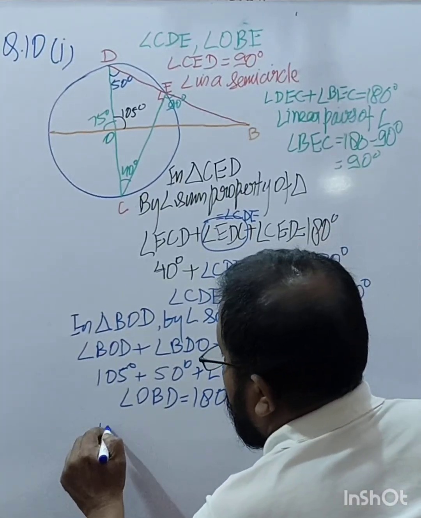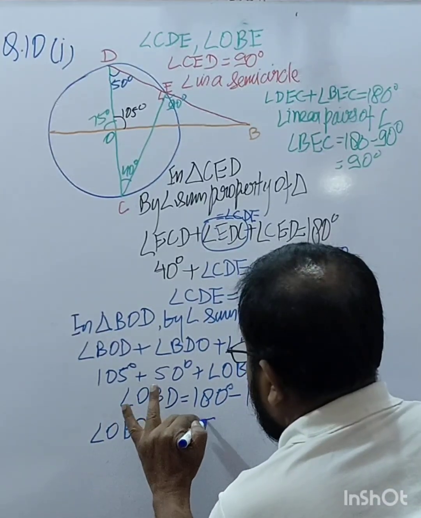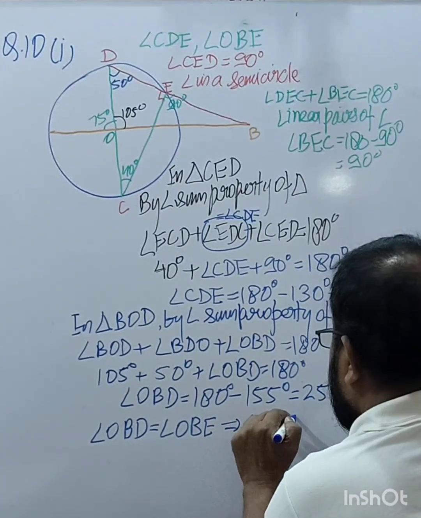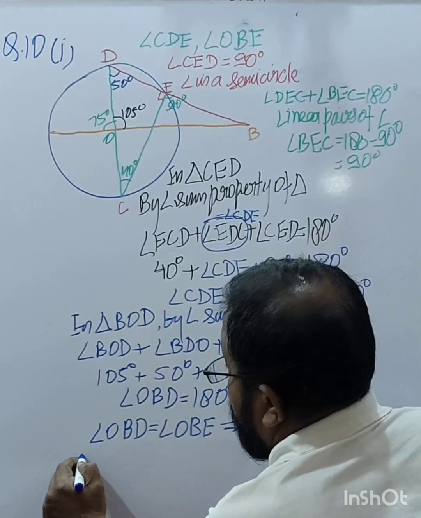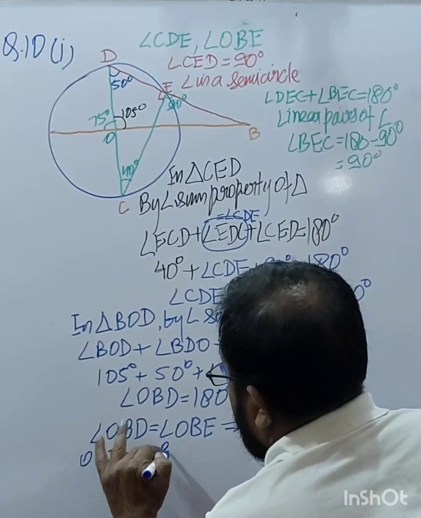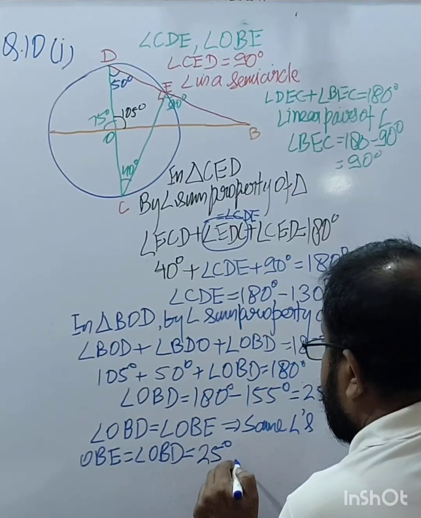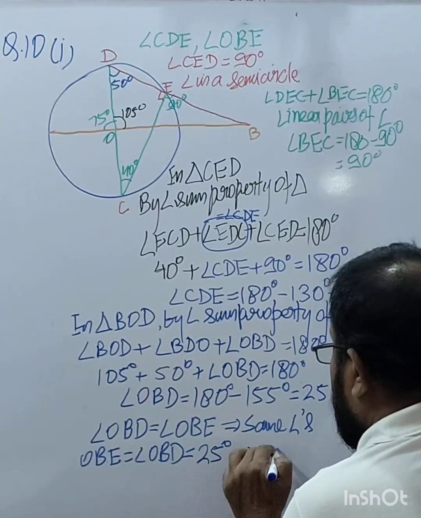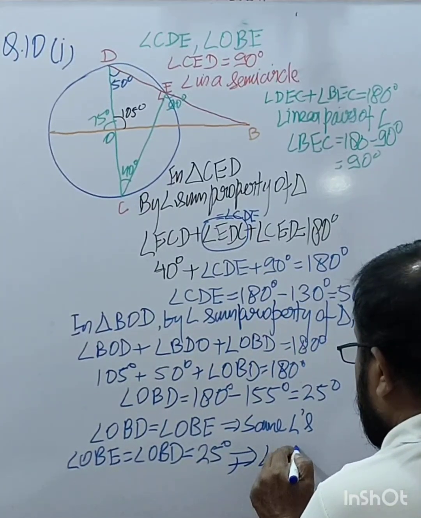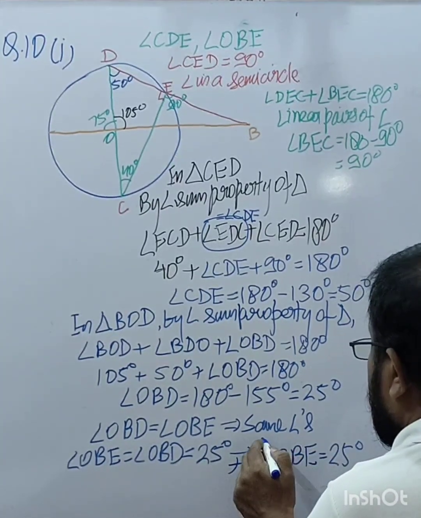So angle OBD is equal to angle OBE as they are the same angle. So angle OBE is of 25 degree. Done?